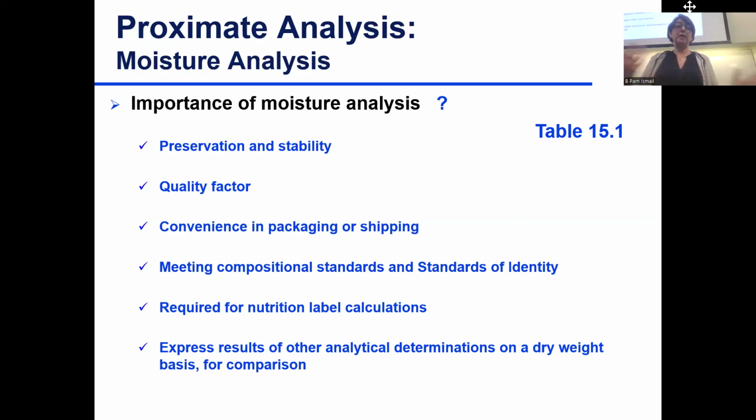Okay, we need it for the nutrition label. We need the ash and moisture for the nutrition label to calculate total carbohydrate. And often we determine the moisture content because when we publish, if we're looking at the compositional differences between different food products, they might be different in water, but we need to take that component out to determine how different they are in what matters in terms of caloric or functionality, how different they are in protein, in fat, in carbohydrate, without the impact of the difference in moisture content.